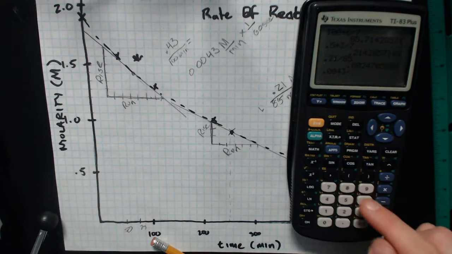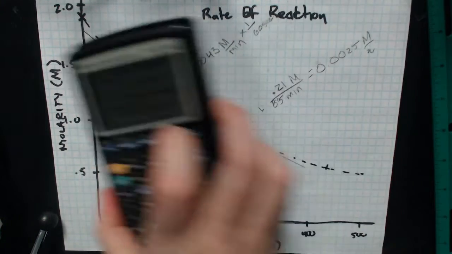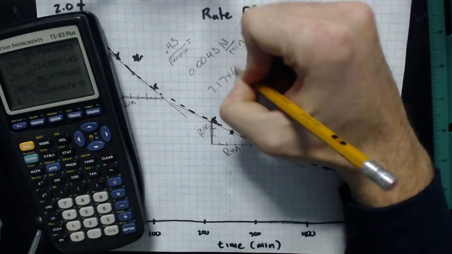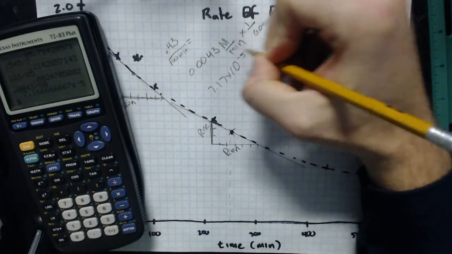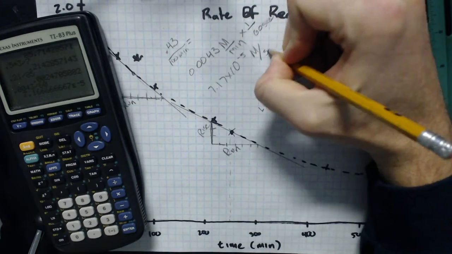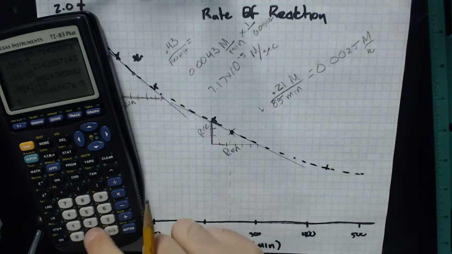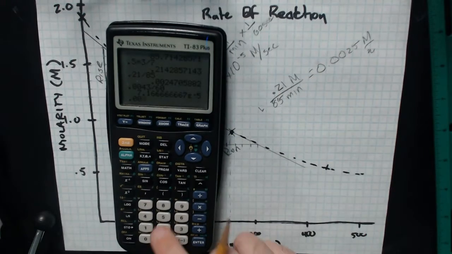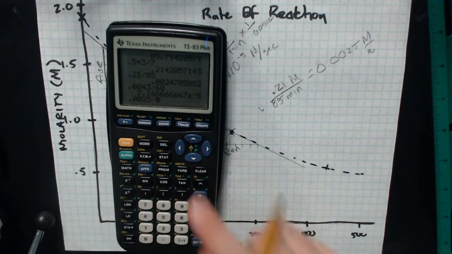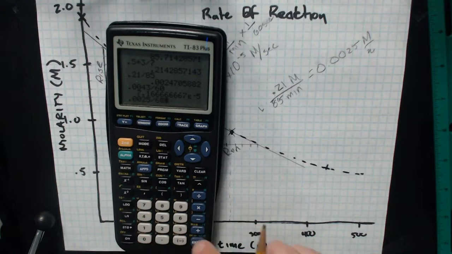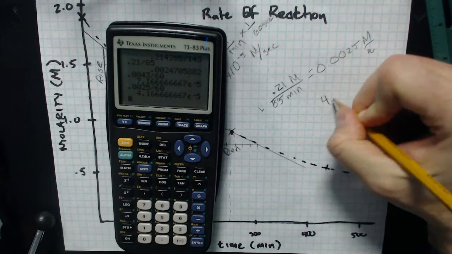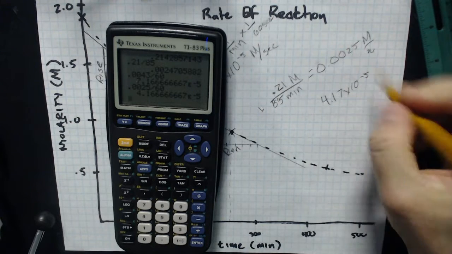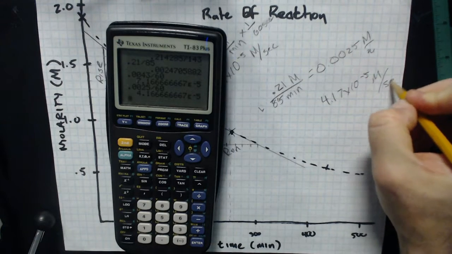So then we divide by another 60, and so now we get 7.17 times 10 to the minus 5 molar per second. We do the same thing here, 0.0025 divided by 60, and we get 4.17 times 10 to the minus 5 molar per second.